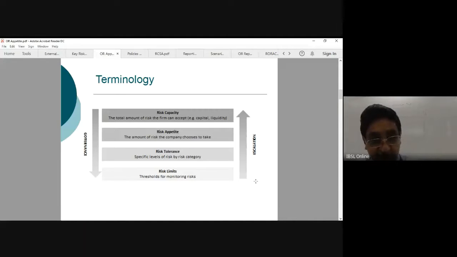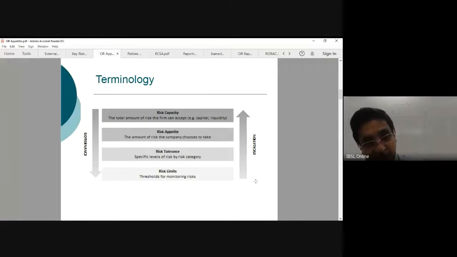Since we have to put it in place all over the organization, we have to put it as limits, and the limits have to be lower than the risk appetite. So then, in a very rare situation, if it goes beyond that, we are still at a safe level. That is what it means.